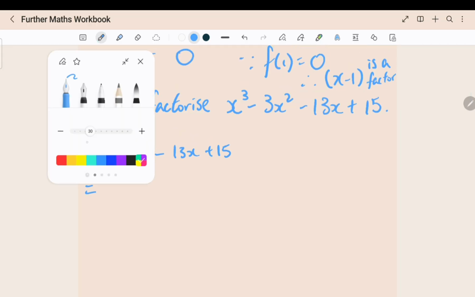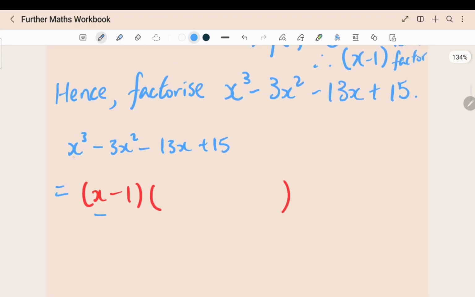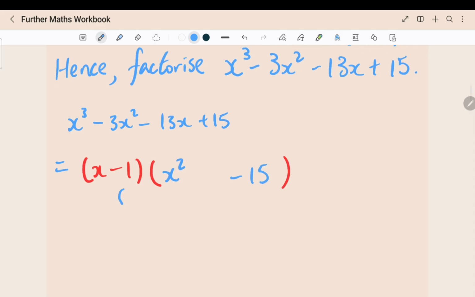So here, the easy way to do this is that I'm going to say x minus 1 is a factor, and I'm expecting a quadratic in this bracket. So the only way to get from x to x cubed is to multiply by x squared. And then the only way to go from minus 1 to plus 15 is to multiply by minus 15. Because I'm expanding like this to get plus 15. Now let's think about what the x term will be here.